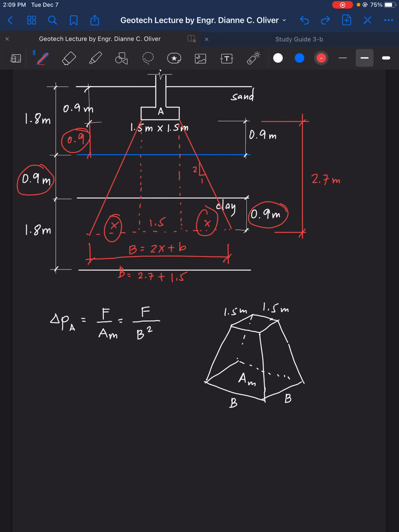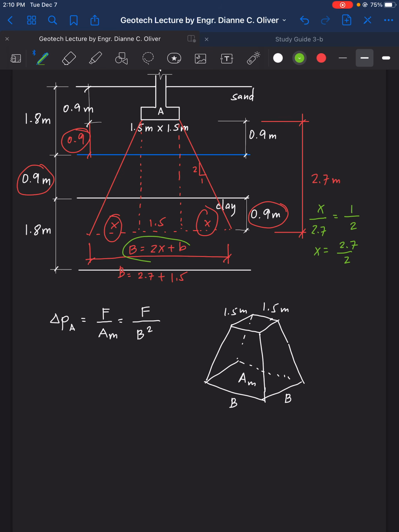Looking at this slope, if I'm looking for the value of x here, and the height of the triangle is 2.7, and the slope is vertical versus horizontal, therefore x is equal to 2.7 over 2.